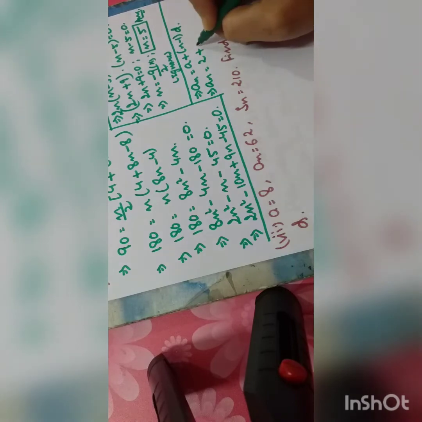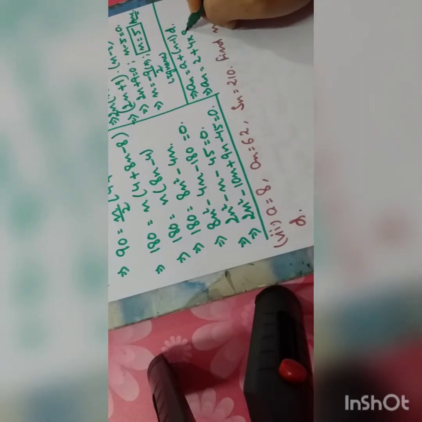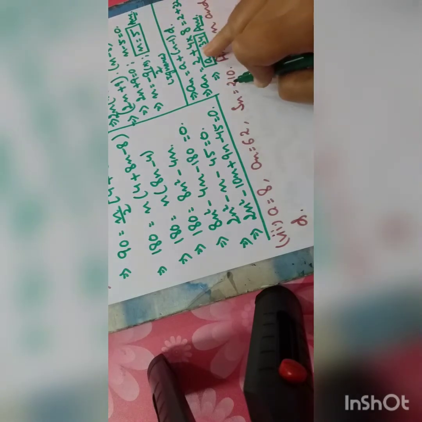So 2 plus n, which I have just found, is 5, so 5 minus 1 will be 4, into d. d is given as 8. When I simplify, it will be 2 plus 32, so the value of an will be 34. So my answer is n equals 5 and an equals 34.